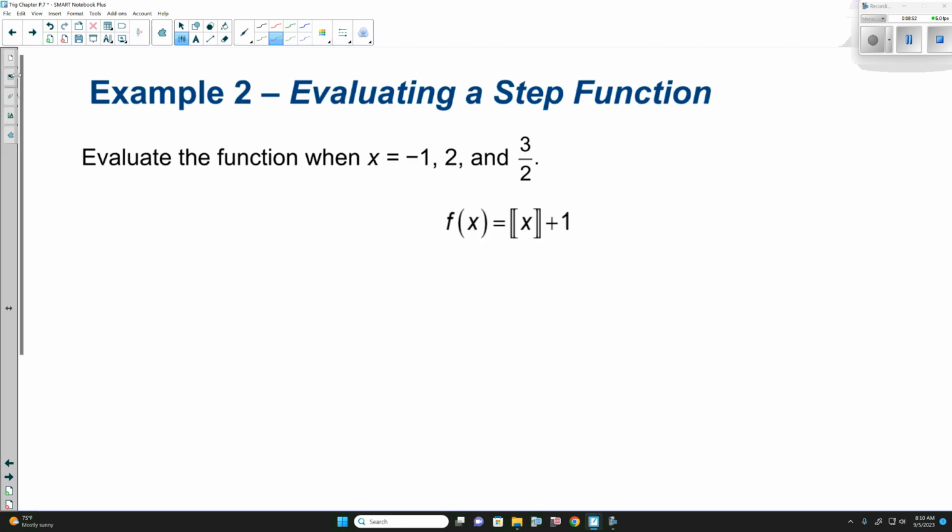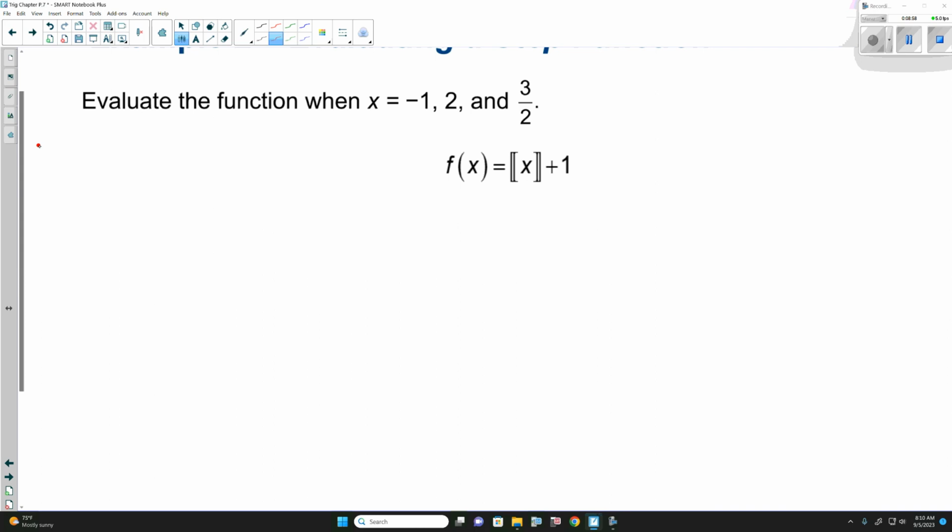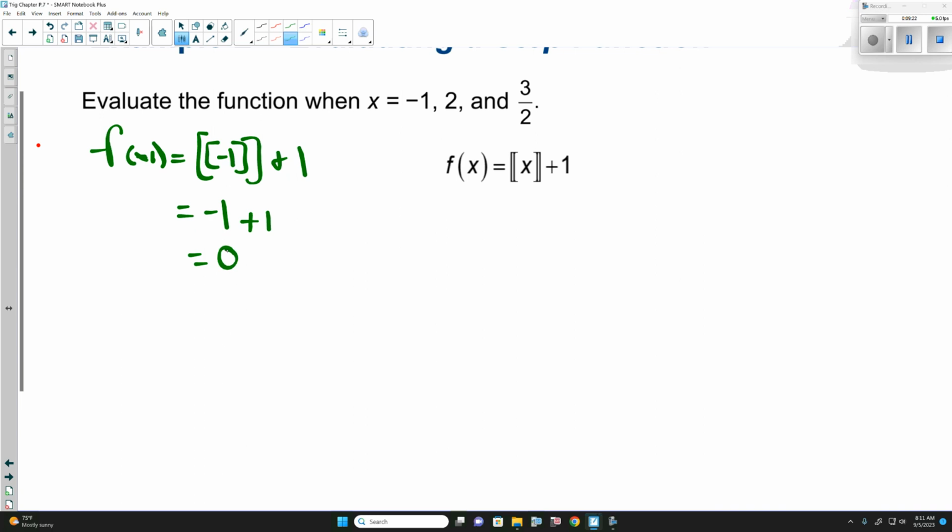Piecewise. We'll talk about the range, instead of all integers, we have this here. So if we want to evaluate this here, f of -1, well, everywhere there's an x in the function, we'll plug in -1. Well, the step function for -1 is, well, -1, and -1 plus 1 is? Yeah.